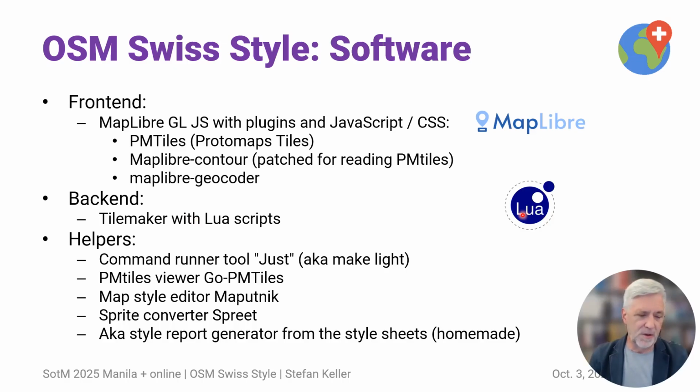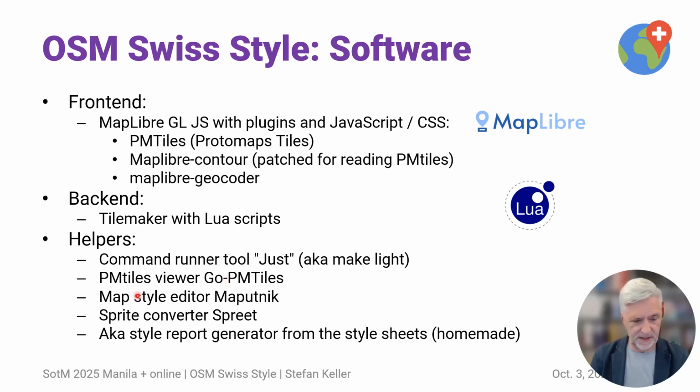We are also using a bunch of helper tools. So for example, for running commands, we are using just, which is a kind of make light tool. We are, as said, using the Go PMTiles viewer for previewing reasons.